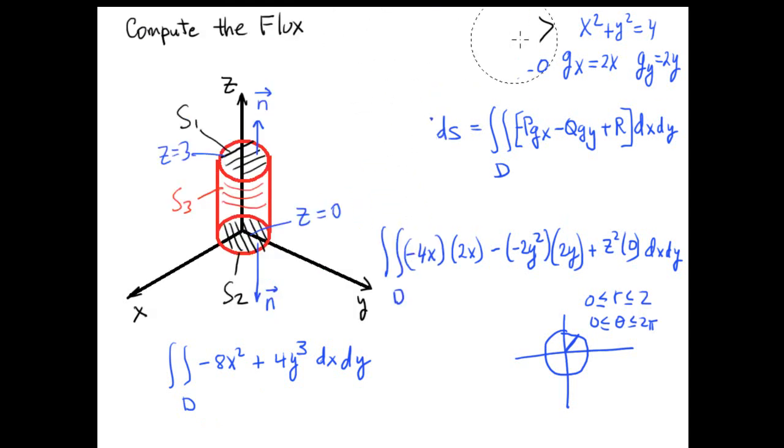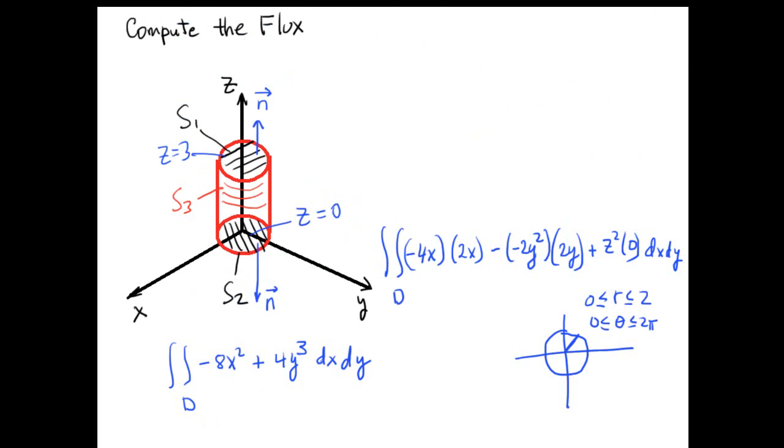Minus 4x squared is r squared cosine squared theta, and 4y cubed is r cubed sine cubed theta, multiplied by r dr d theta.